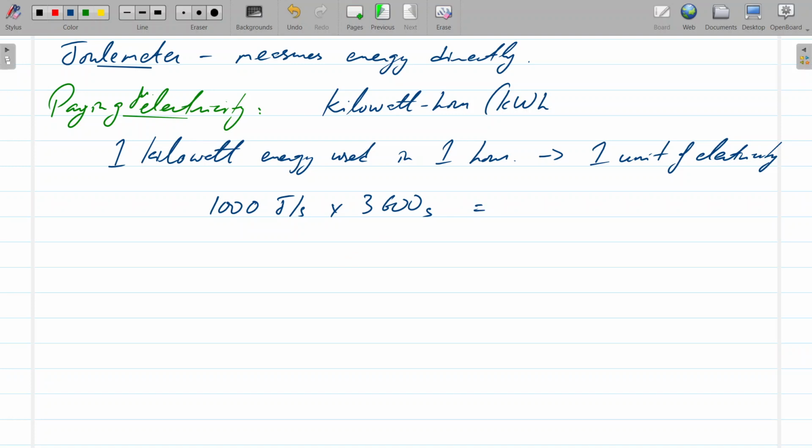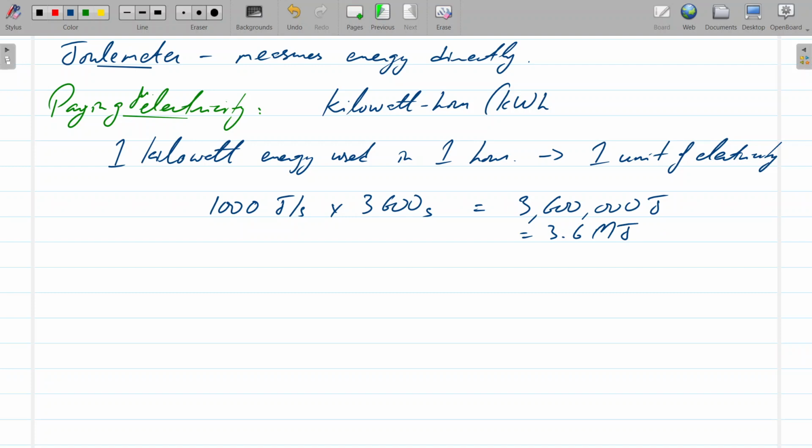And that gives us 3,600,000 joules. Or in other terms, 3.6 megajoules of energy.